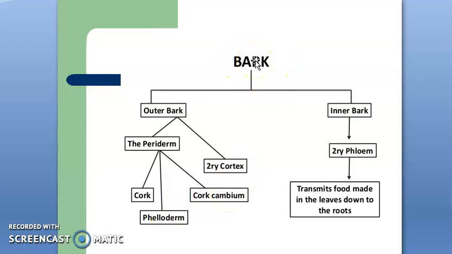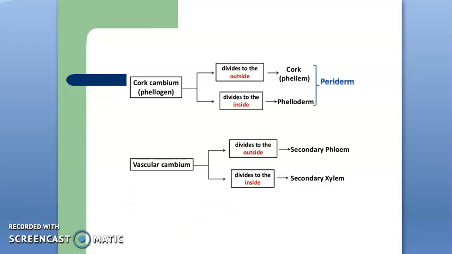Cork cambium divides to the outside and to the inside, that is cork and phelloderm. It is combinedly called as periderm, whereas vascular cambium gives rise to secondary phloem and secondary xylem.